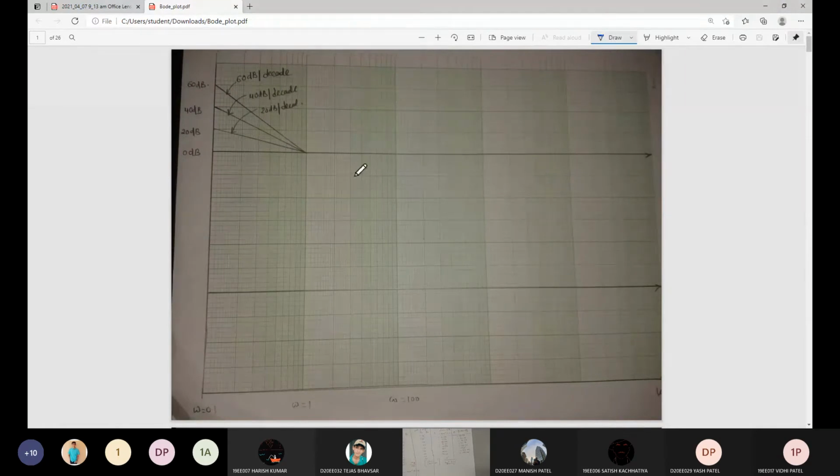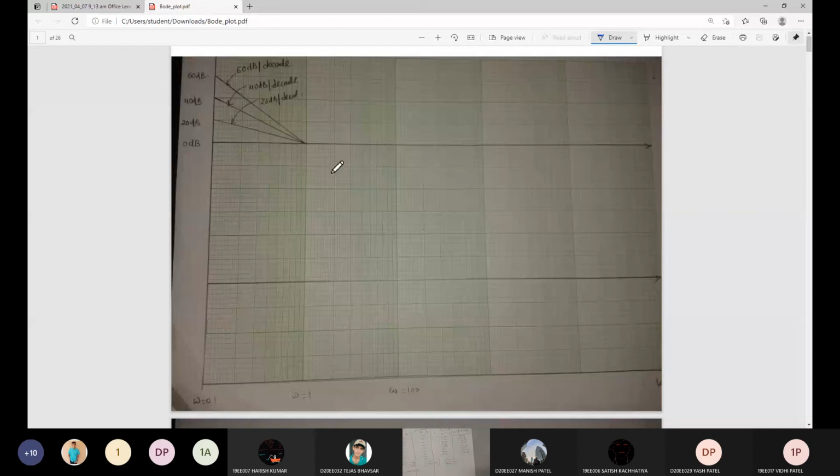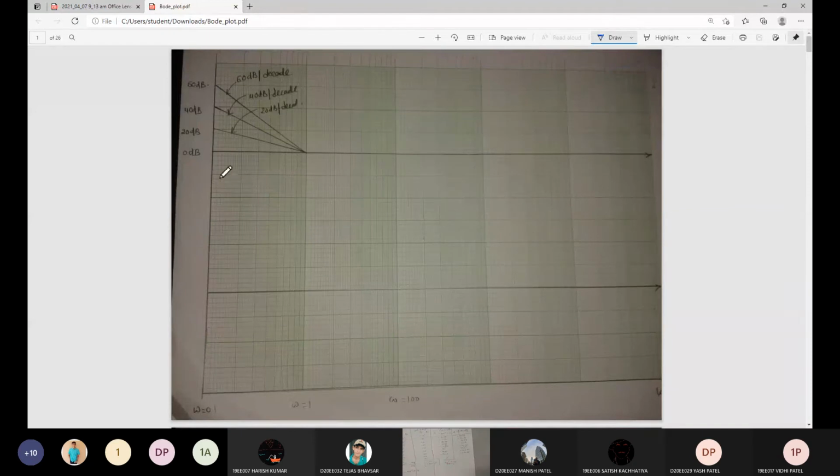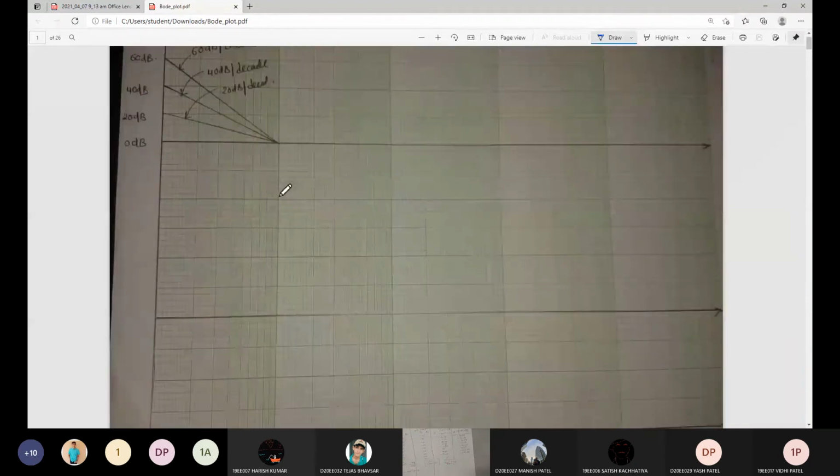Okay, so this is the semilog graph paper. Over here you can clearly see, if I am zooming it properly, this scale is different. The distance between these two lines is gradually decreasing.